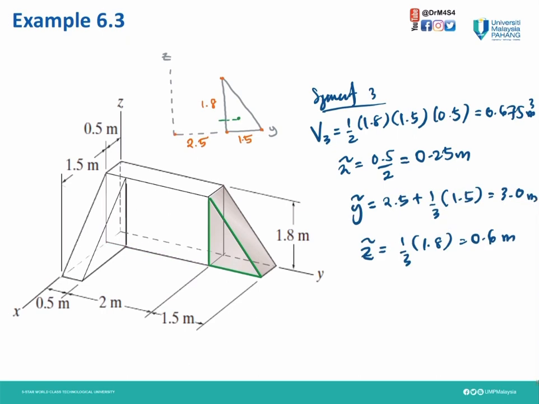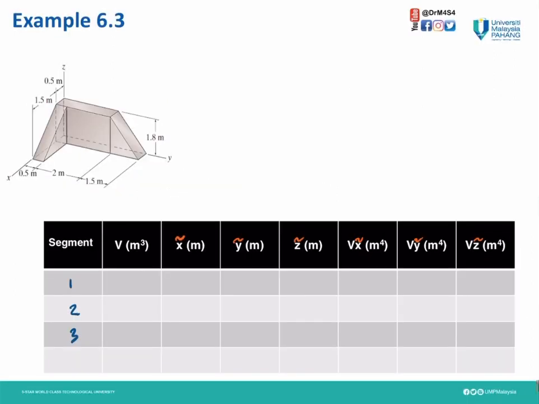Then we need to find our z bar. Our z bar on the z-axis, the height of this rectangle is 1.8. So from the base here, 1/3 of 1.8, we get 0.6 meter. That means we calculated all those values.